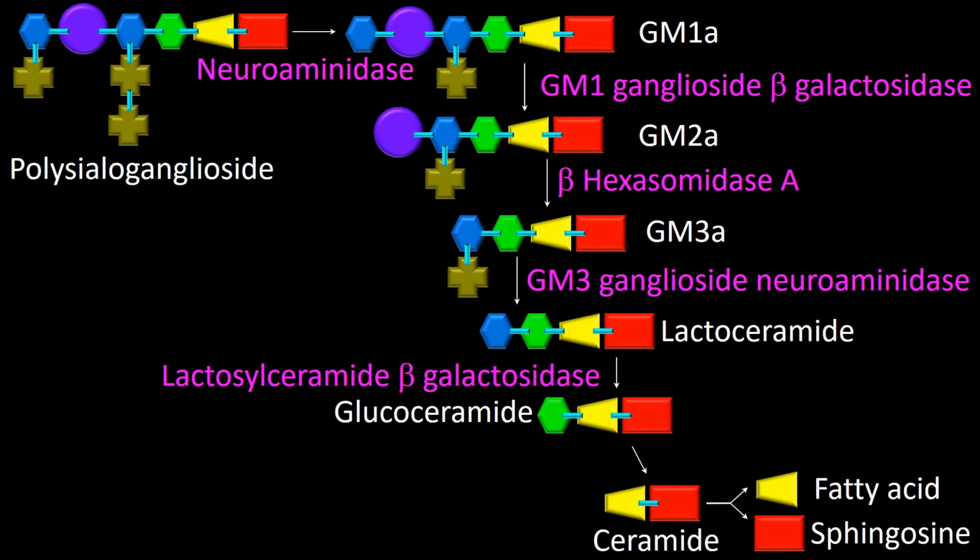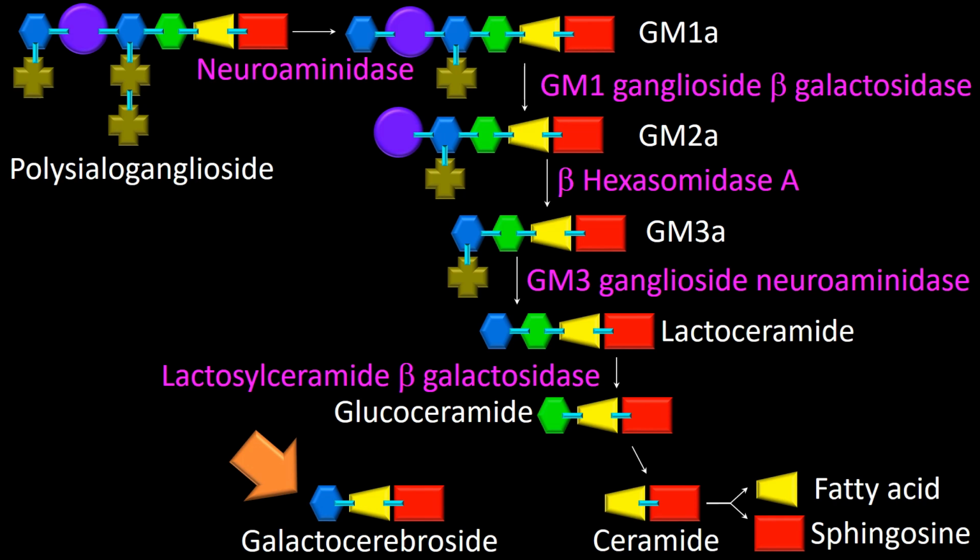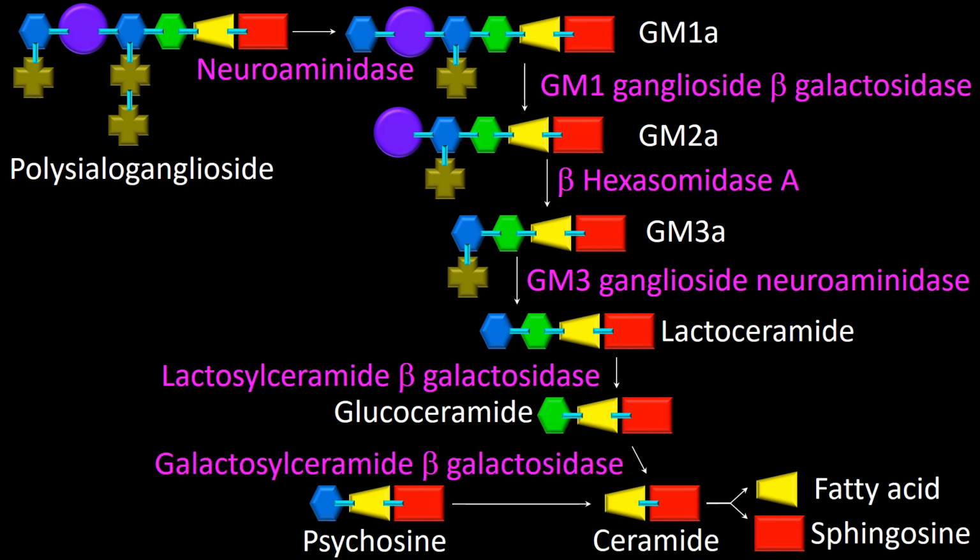Back to the complicated chart of polysialoglycoside catabolism. I have now added a compound called galactocerebroside, nicknamed psychosine. This compound becomes ceramide upon the action of galactosylceramide beta-galactosidase, which has a nickname.